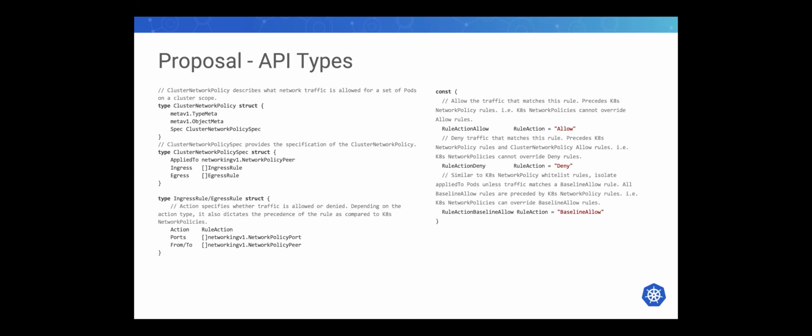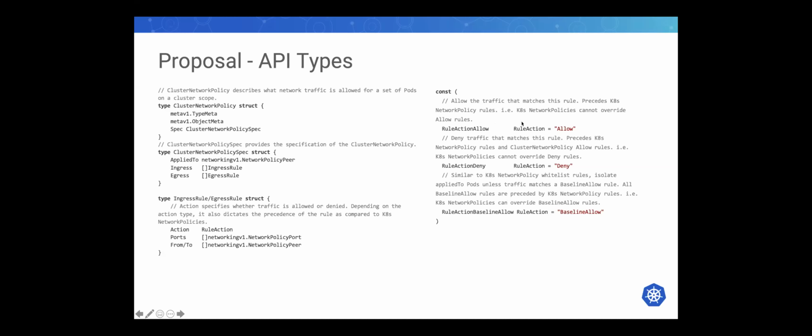But we do want to have the ability to deny certain traffic, so that's why we introduced this new field, action. Not only that, the action also determines the precedence of the rule as compared to Kubernetes network policies. So we'll deep dive into them with examples a little later. But on a high level, there are three types of actions that are available.